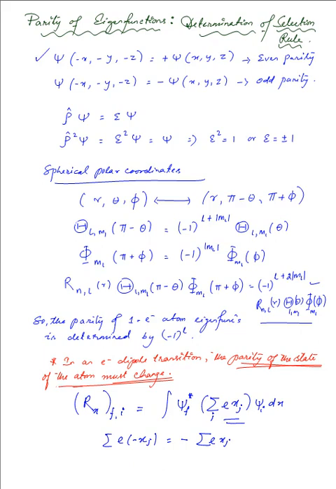Now, if the initial and final eigenfunctions, that is psi i and psi f, have the same parity, either both being even or both being odd, the entire integrand will have an odd parity.